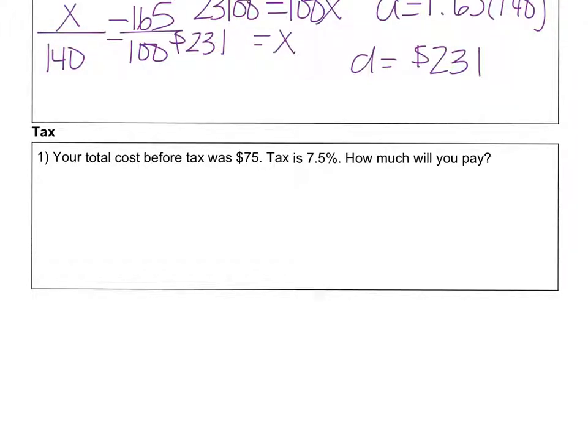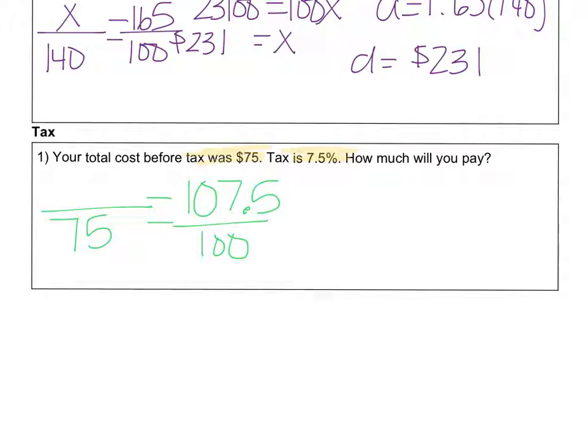So here we are. Your total cost before tax was $75, and the tax is 7.5%. When you added the tax on, that's 107.5% over the 100, and you have X here, okay?